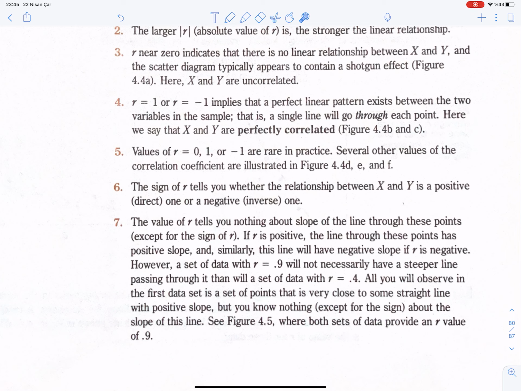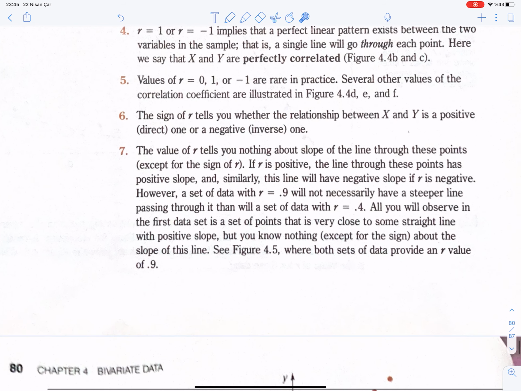This is because the correlation is probably affected by the sample size. When the sample size is very large, even if the correlation coefficient is small, you can find it to be significant as well.